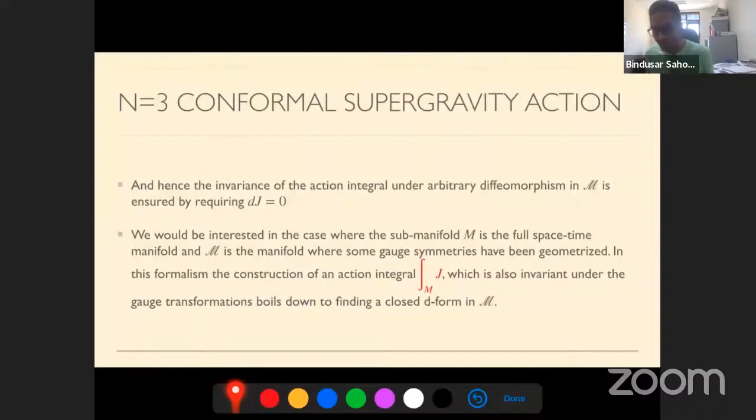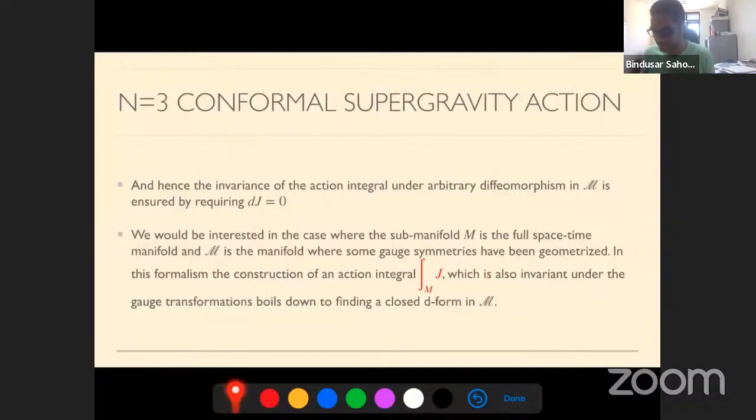So now gauge transformation becomes a diffeomorphism in the larger manifold. Ensuring gauge invariance of this action would mean ensuring diffeomorphism invariance in the larger manifold, which boils down to finding a closed form J in the larger manifold where you have geometrized these gauge symmetries.